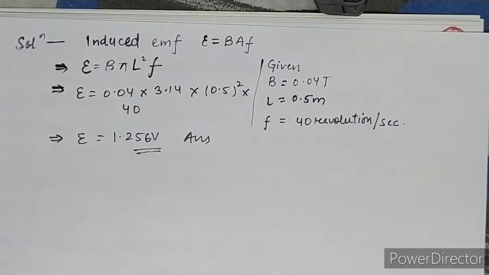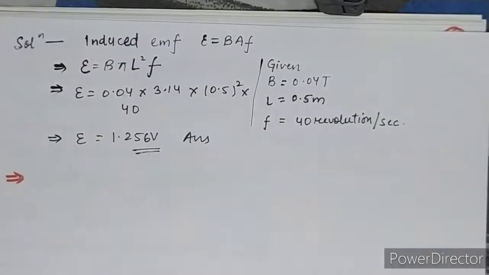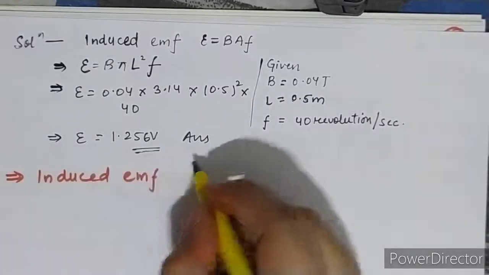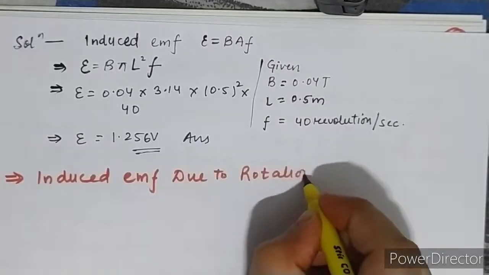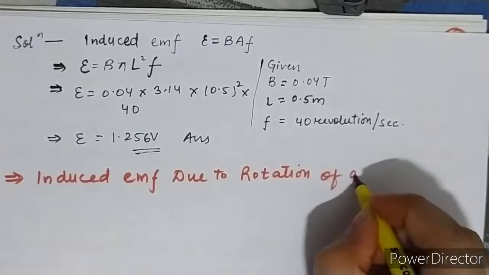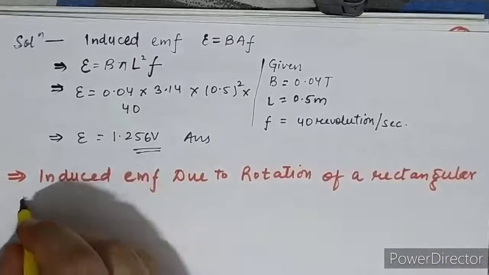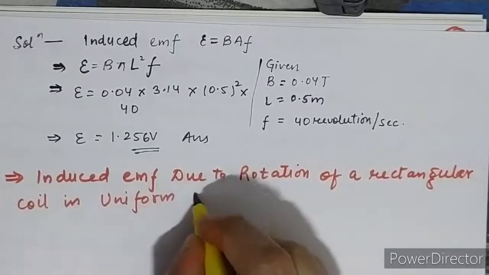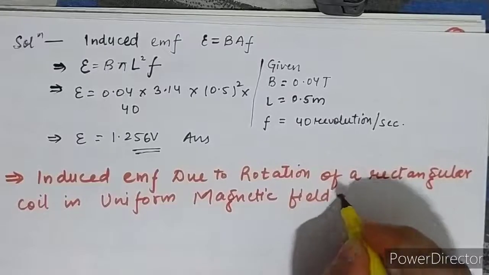Okay. Now moving forward with the next topic, and our next topic is the induced EMF due to rotation of a rectangular coil in uniform magnetic field.